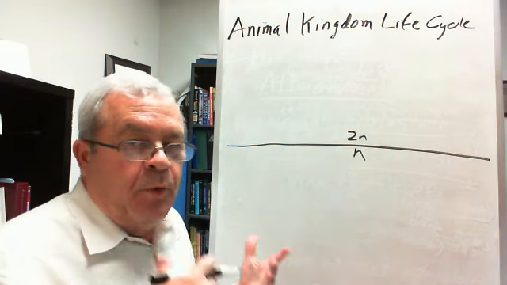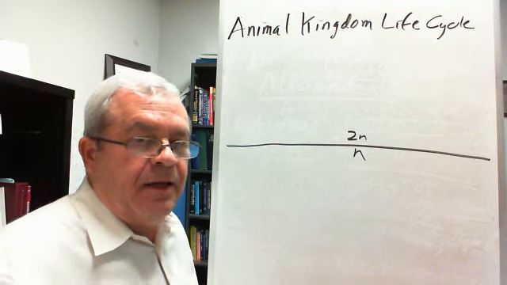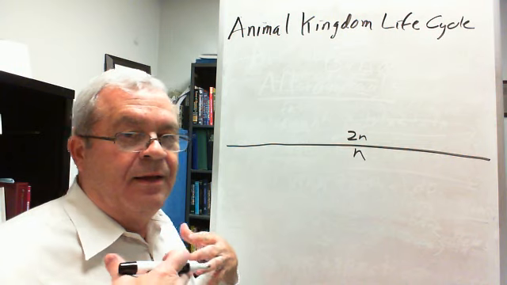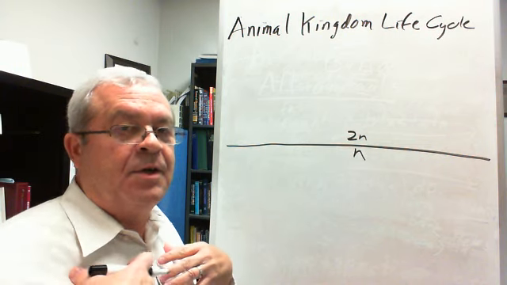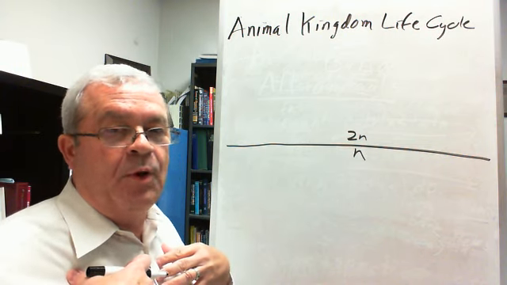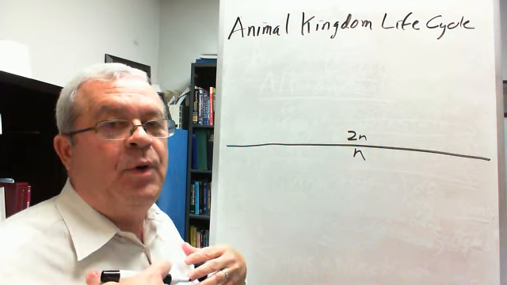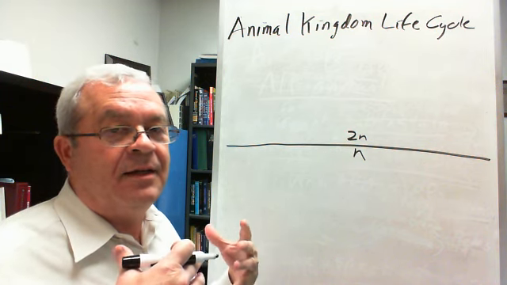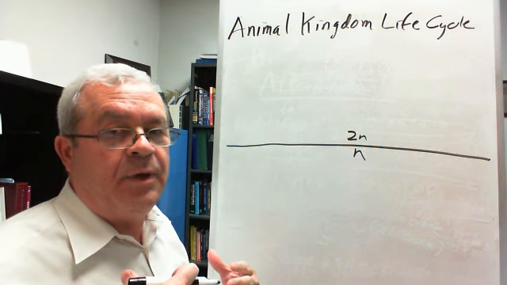Alright. We're in the animal kingdom, so we can kind of relate to this. So we're mature organisms, are we not? And as mature organisms, are we mostly 2N or mostly N cells? We're mostly a big chunk of 2N cells. Yes, we are.